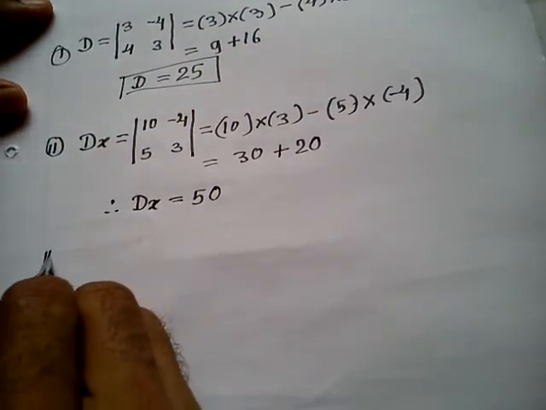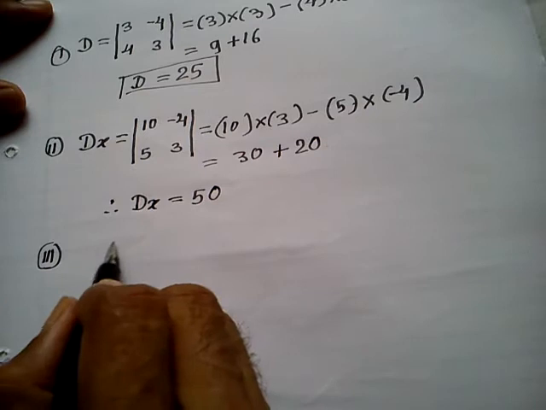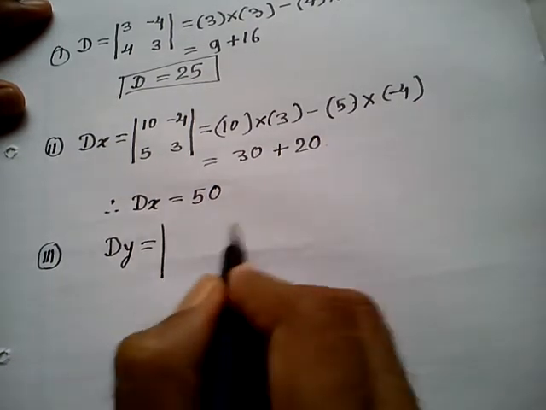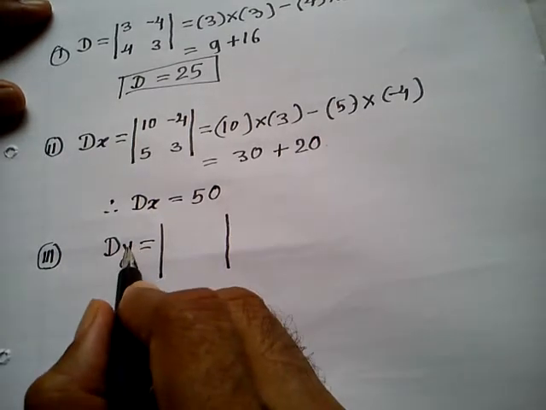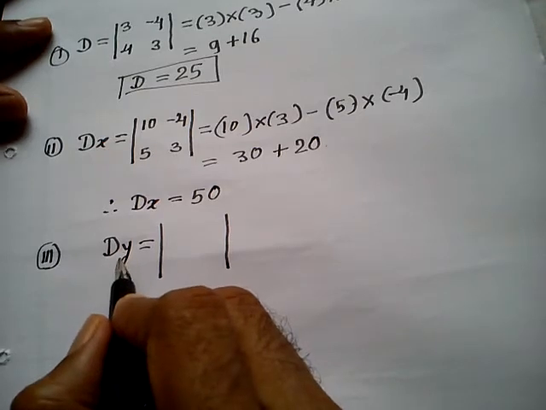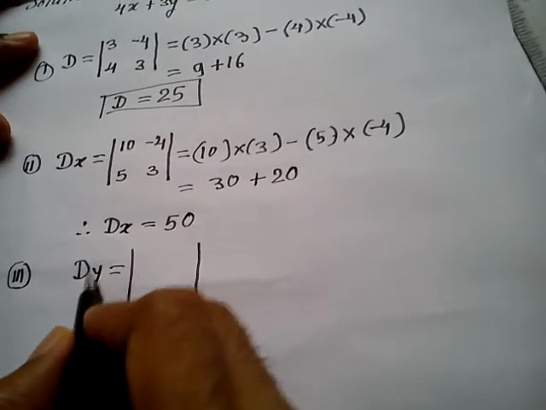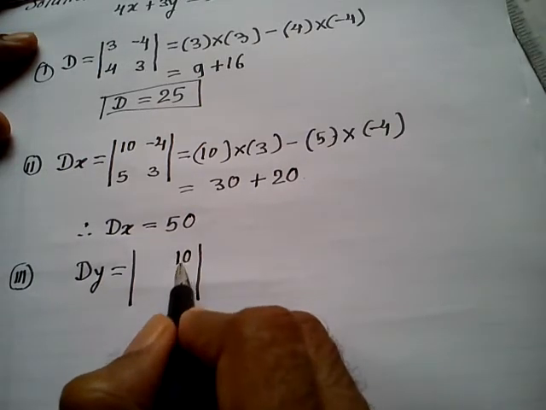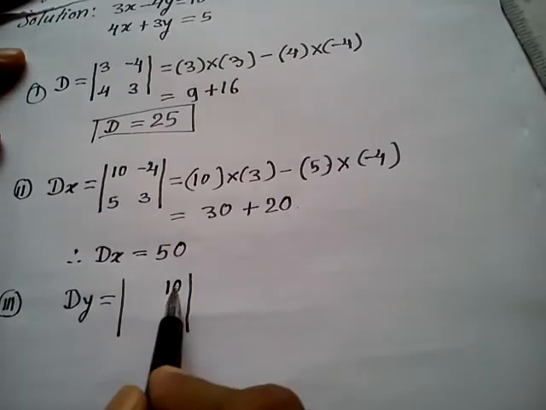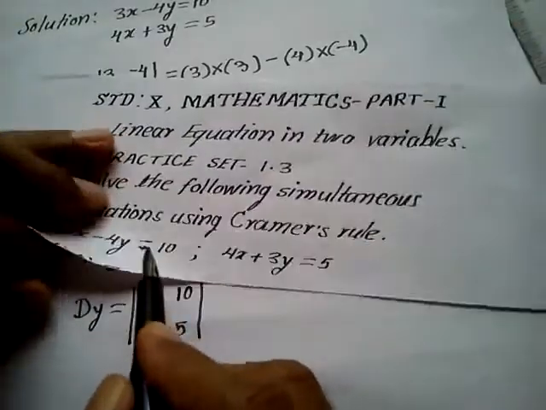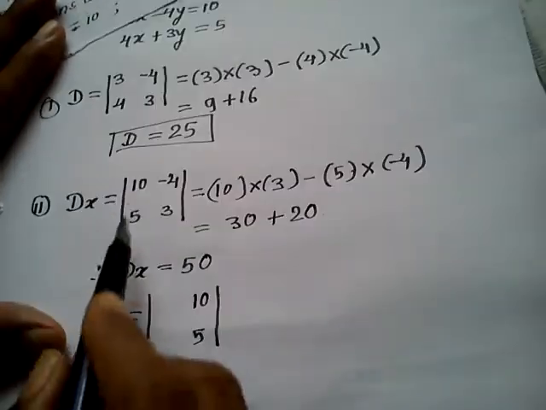Third step, we have to calculate the value of Dy. Again listen carefully. First comes x, then comes y. So the coefficient of y, we have to remove that one. Instead of that, we have to write the constant terms 10 and 5. This 10 and 5 will be moved to the second place, and the coefficient of x will be as it is.